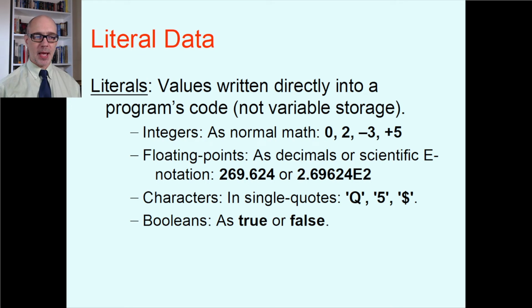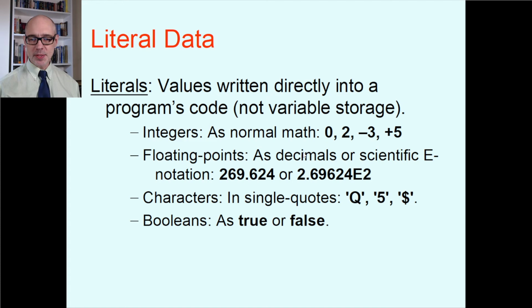With floating points, you have 2 options. You can either write them as decimals, right? I have an example there: 269.624, you can write that into your code, or you can write them as scientific notation using this E notation, right? Scientific notation has that exponent, the times 10 part. So you might actually see a floating point number written as 2.69624E2, which means 2.69624 times 10 to the power 2.